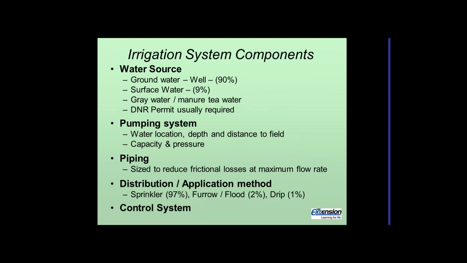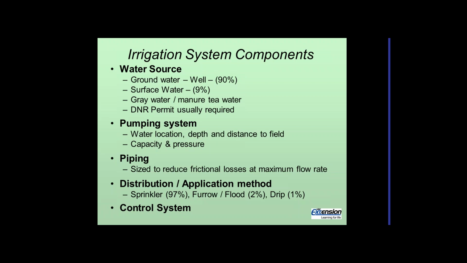So the water source for irrigation can come from a number of places. Groundwater, so you drill a well in the ground. That's 90% of what we use here in Wisconsin. Surface water, which would be lakes, rivers, ponds, and that's about 9% of the water used.